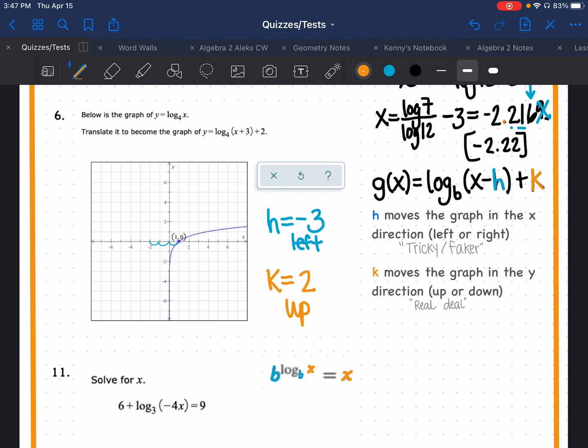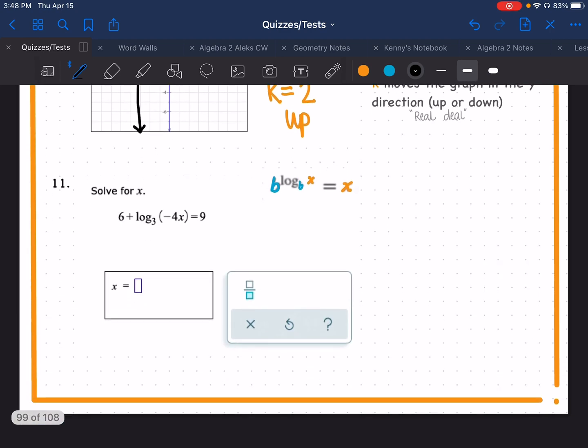If your K looks like minus 2, then your K is negative 2, and your graph is going to move 2 down. But mine is going to move 2 up, and so here is going to be my new point. And my graph, I'll just move the point, and my graph will move along with it. Desmos will move my graph along with it.